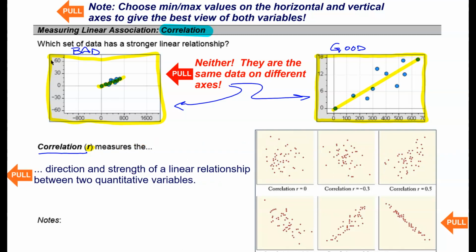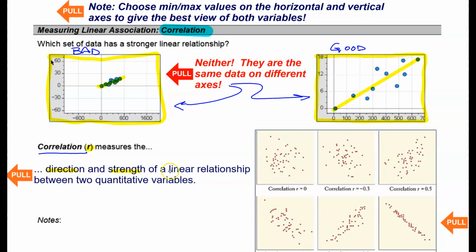Now, I'm going to highlight very important words in this definition. Correlation measures the direction and strength. So every time I show you a value for the correlation r, you should get two pieces of information from that, both direction and strength.